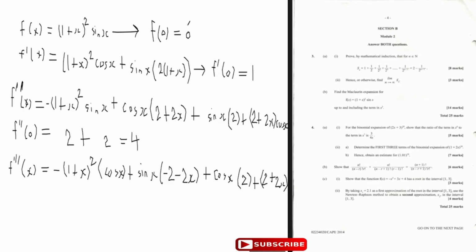All right, let me not make any space there, so let me write it down. Carry it down here, plus keep the second, times the derivative of the first. And then when you differentiate cos x, you get minus sine.